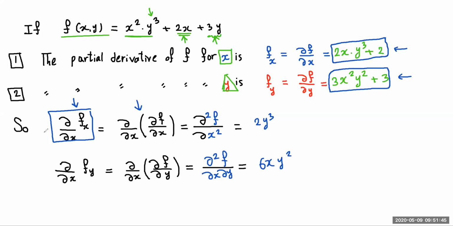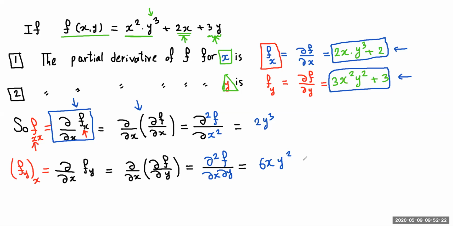Okay. Here we have also an important notation. It's this notation. So we can write here, this is f xx. So the first x here, then the second x comes here. So here I will write it like this, fy, then x, the partial derivative for x.